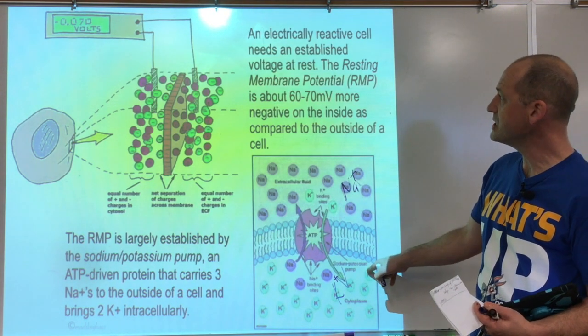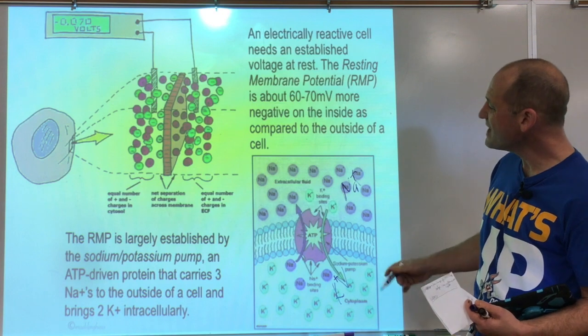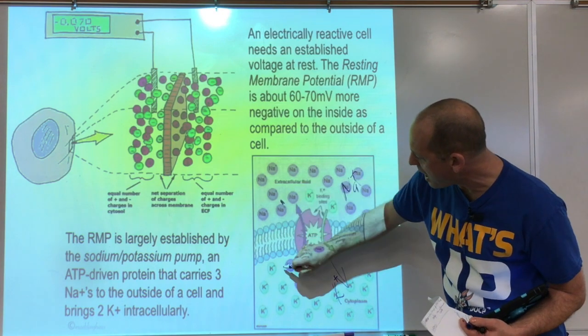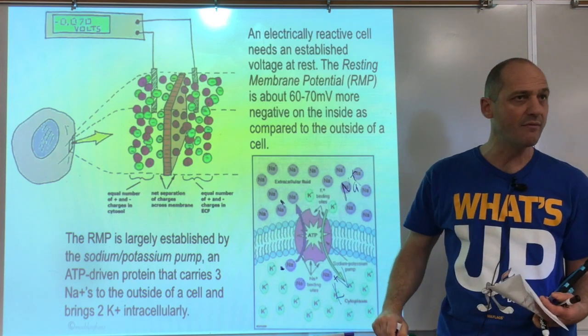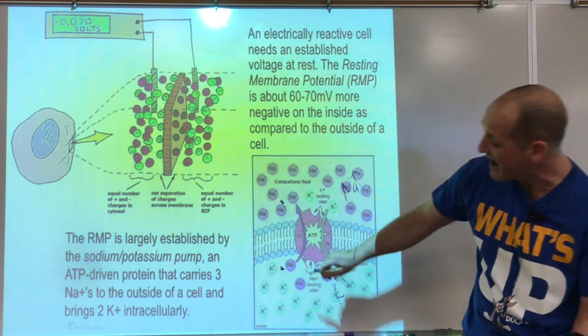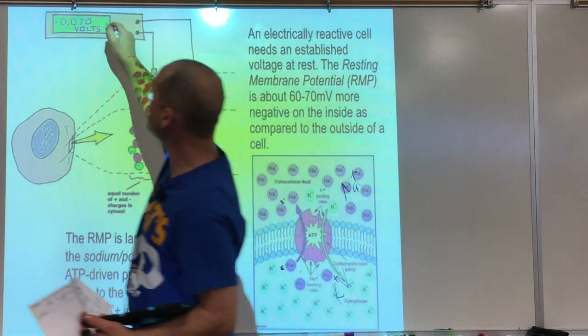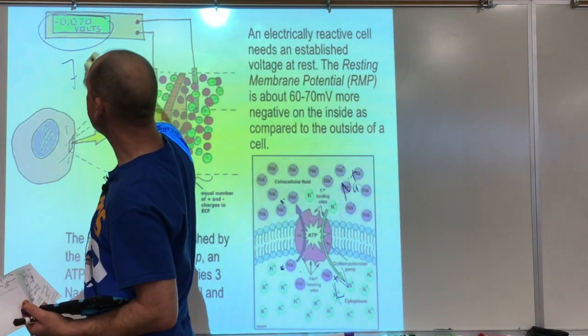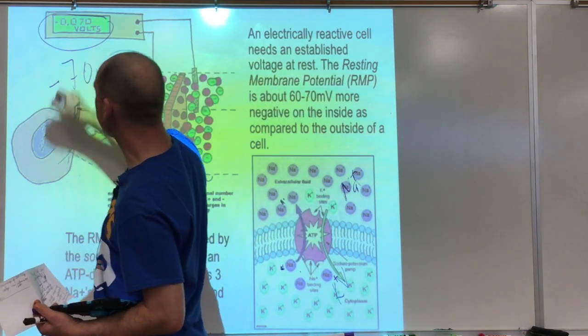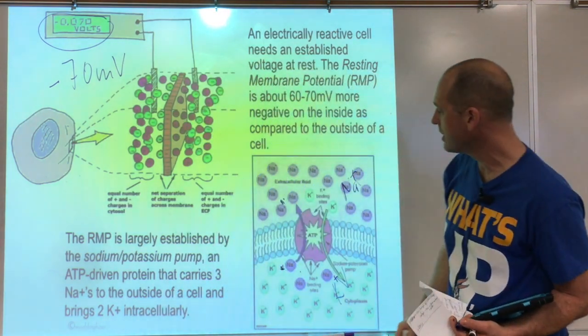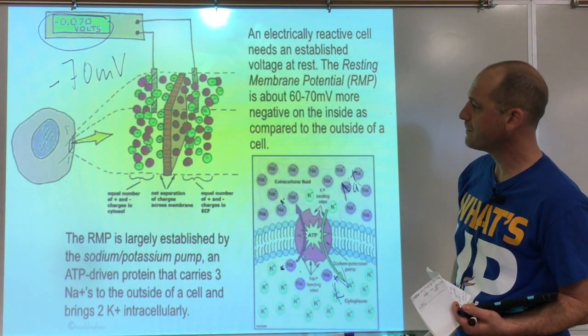That's the outside, that's the inside. And when we measure right at the cell membrane level, not the whole inside, just right there at the cell membrane, that difference is about 70 millivolts. Actually, negative 70 millivolts. More negative on the inside than the outside.